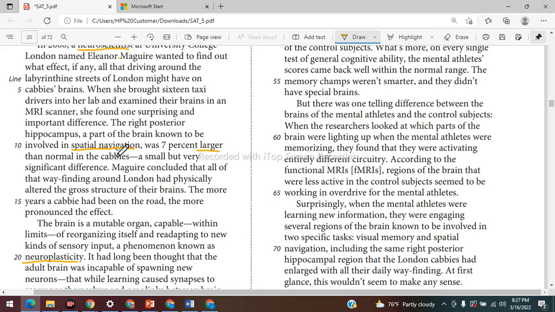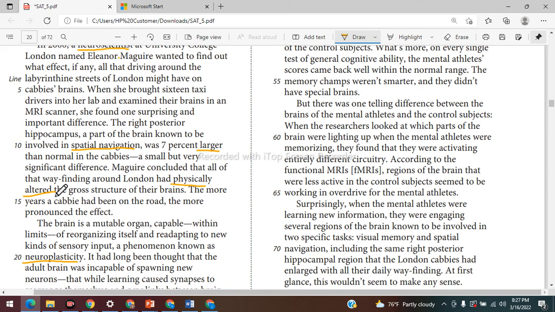So they actually found, I like this word, physical alteration. That's crazy. Their brain actually was altered or changed based on what they did. That's incredible.